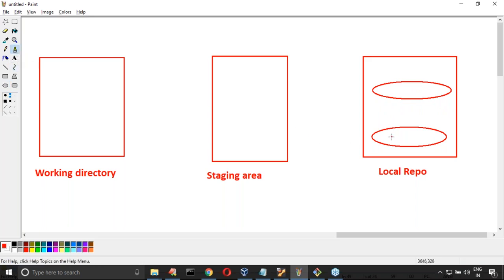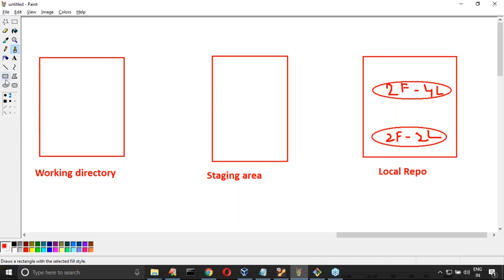In the first commit, two files, each file contains two lines. Here also two files, and each file contains four lines. Any doubt? Is it clear about the content of the local repository?